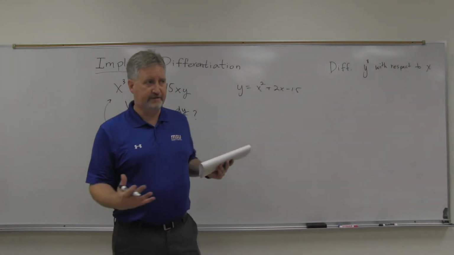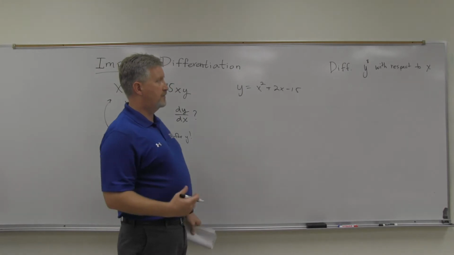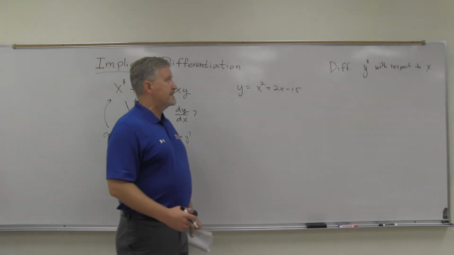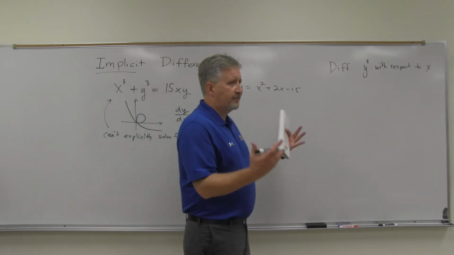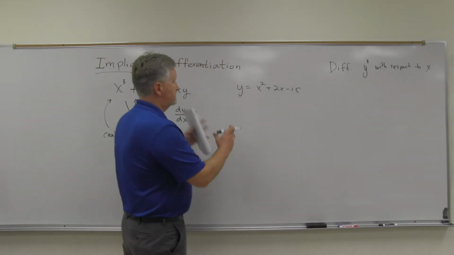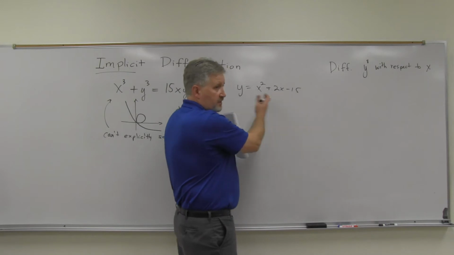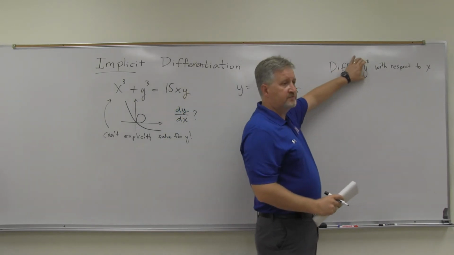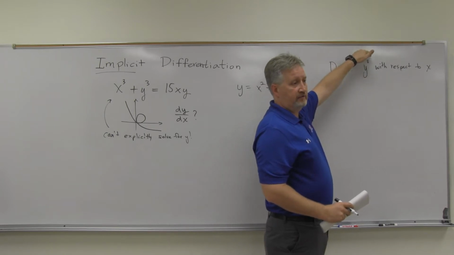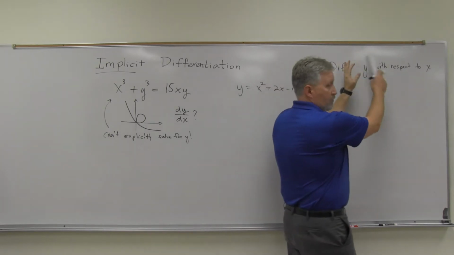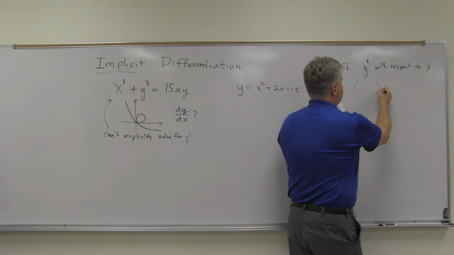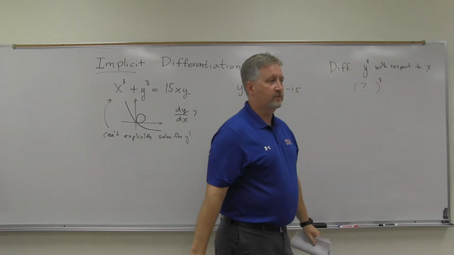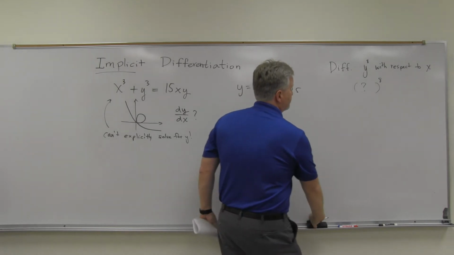Here's what we've got to consider. I'm differentiating a y expression with respect to x. And so here, the assumption is y is something in terms of x. It may not be this function, but it's something in terms of x, to the 8th power. So I've got y, whatever it is, and it's to the 8th power.